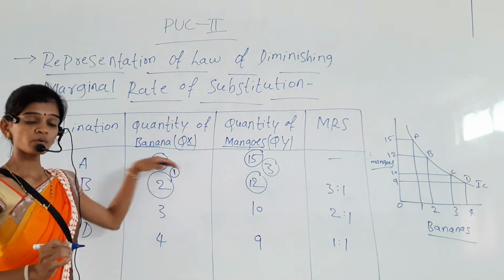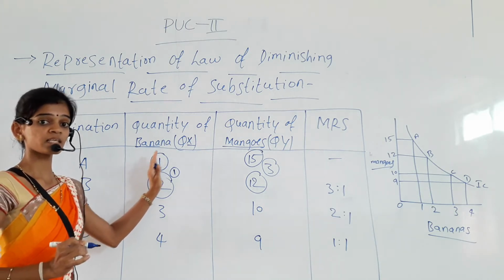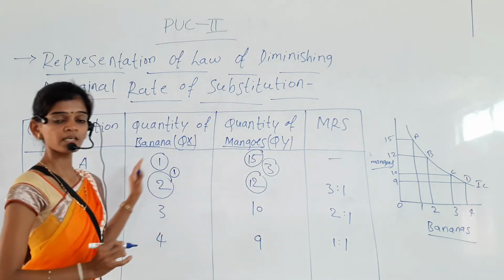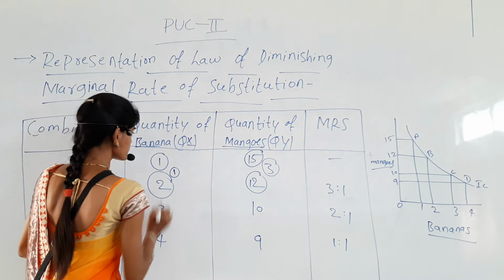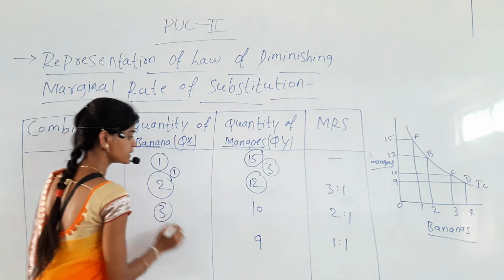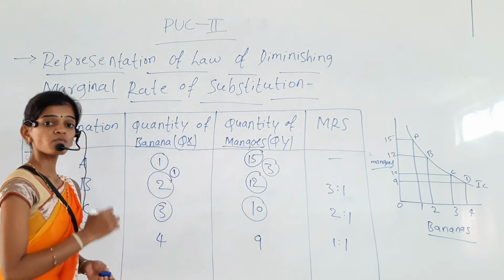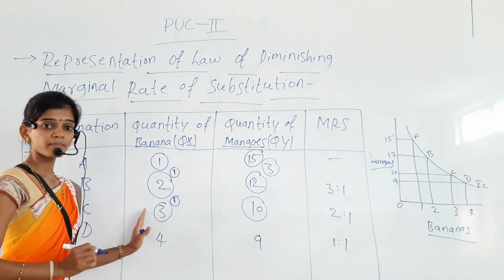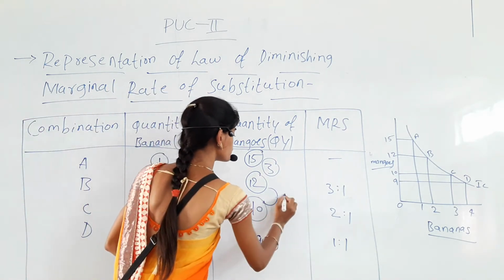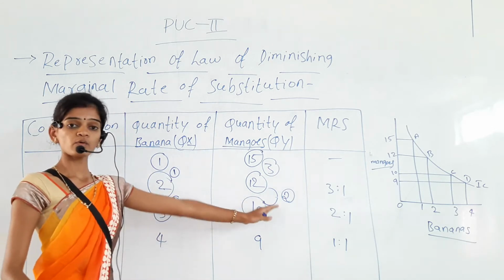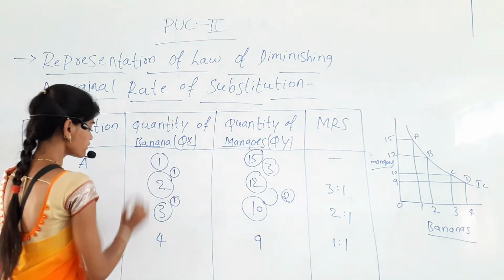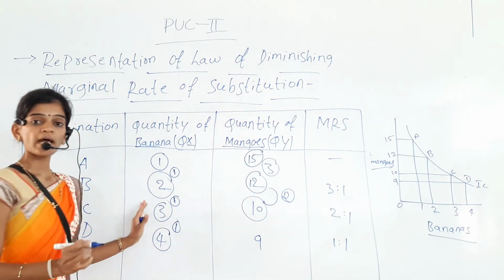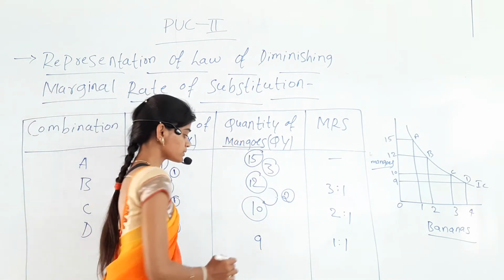If the consumer wants to consume an additional unit of banana, he has to forgo 3 mangoes for the 1 banana. Next, the quantity of banana is 3 and here it is 10 mangoes. If the consumer wants another banana, 2 plus 1 is 3, then he has to forgo 2 mangoes. Next, for another banana, 3 plus 1 is 4, he forgoes 1 mango.